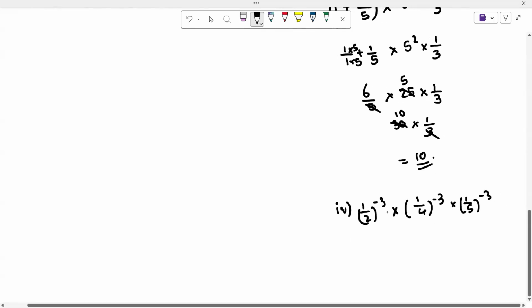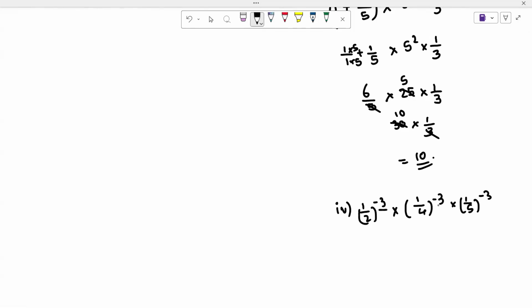So here we need to notice one thing. These exponents are common. Leave aside the fact that it is negative for now; we will take these exponents as common. Minus 3, minus 3, minus 3. Same exponents everywhere, so focus only on that. Now, as these are the same exponents everywhere, we have to multiply the bases.